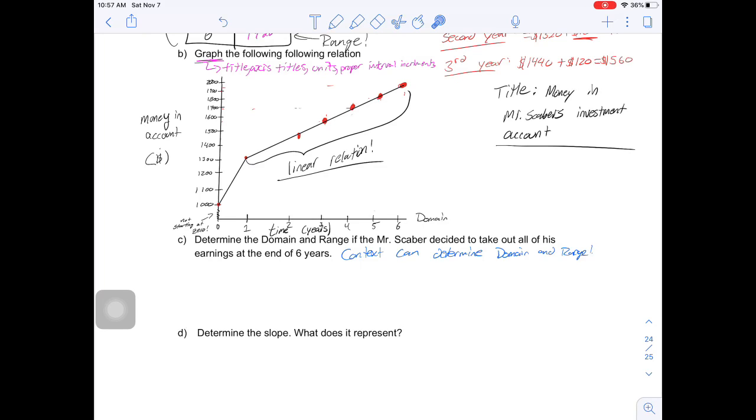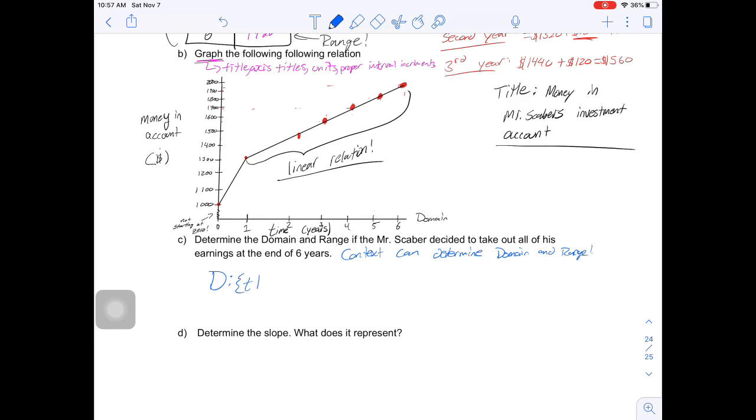What I mean by that is technically this could go on forever and ever, but I'm not going to keep my money in to infinity. I want to use it, and apparently I want to use it after 6 years. So my domain is actually going to end at 6 years. We started at 0 and we ended at 6. So my domain, and remember, I'm going to use a squiggly because this is the set of domain. Domain is measured in t for time.